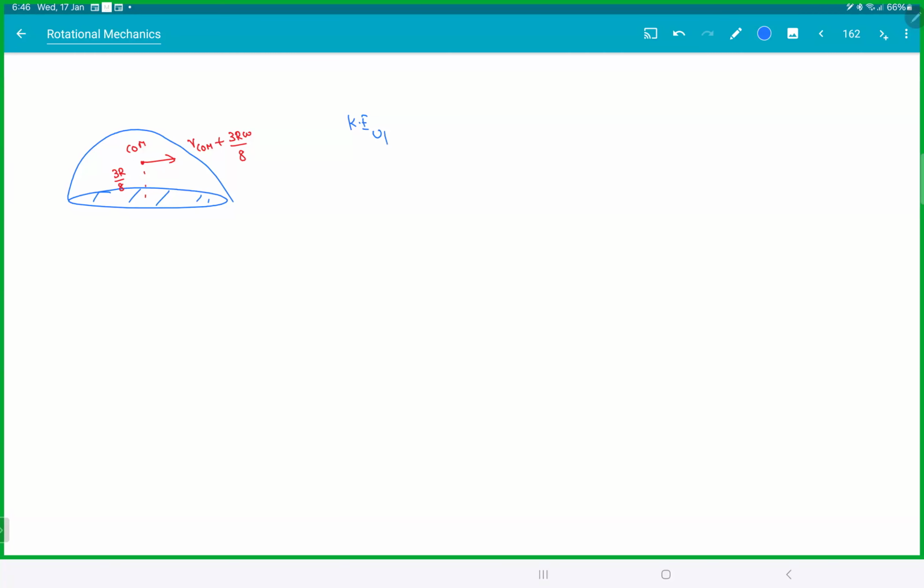So the kinetic energy of the upper hemisphere will be half. Remember, mass became half, m/2 VCOM square. So let me write that. Half mVCOM square plus half ICOM omega square.